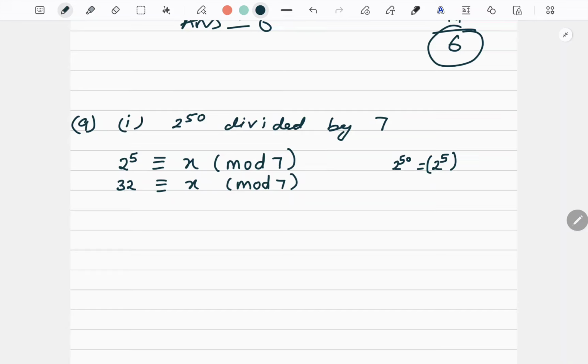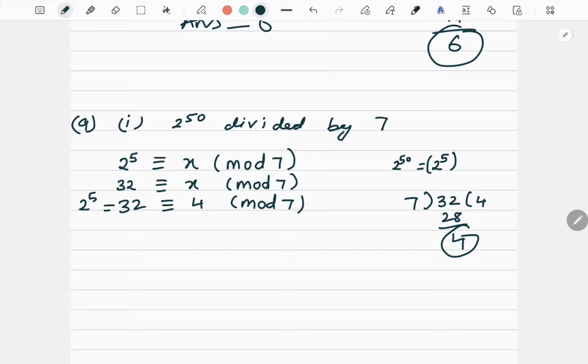So x is 4. If you can't do it orally, do it like this: 32 divided by 7. 7 4s are 28, 29, 30, 31, 32. So the remainder is 4. So the x value is 4. So 2 to the power 5, I got 4 as my answer.